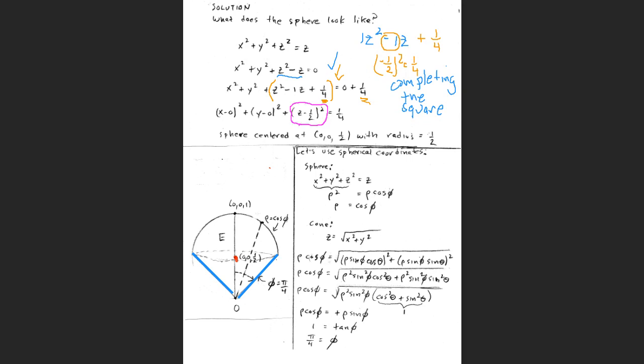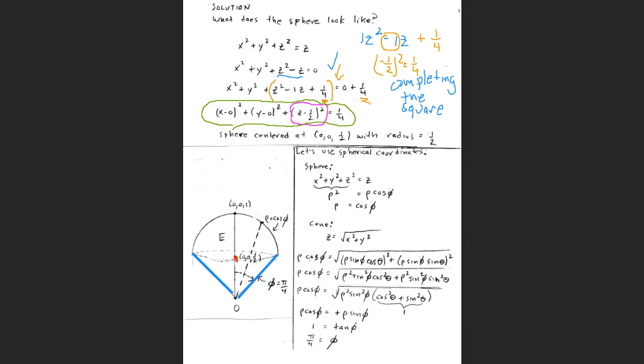And you see, you're now able to write this equation of a sphere in standard form, and the center is 0, 0, and a half. I mean, you've done this before with circles, for instance, in two-dimensional space, where you complete the square to figure out what the center is. We're just doing it with a sphere in three-dimensional space.